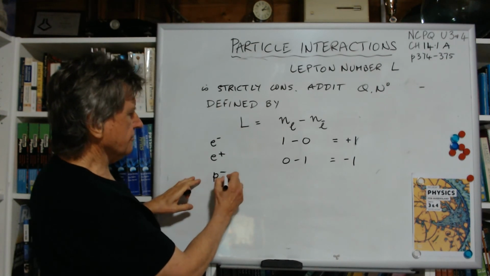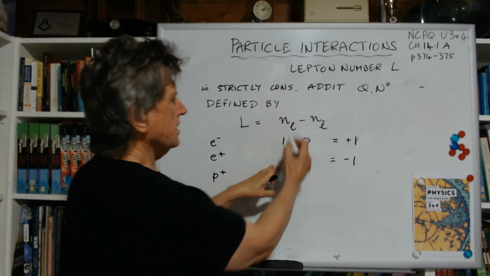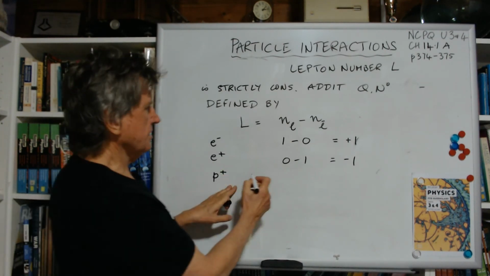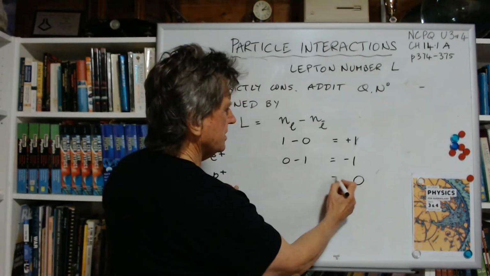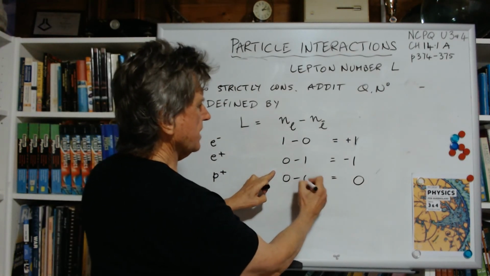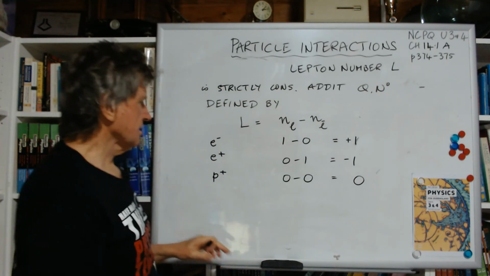Look, let's try something else. A proton, for instance, no leptons. Well, you'd expect it's a baryon, it's not a lepton, so you'd expect it to be 0. So the number of leptons in that is 0, the number of anti-leptons is 0, and so on.